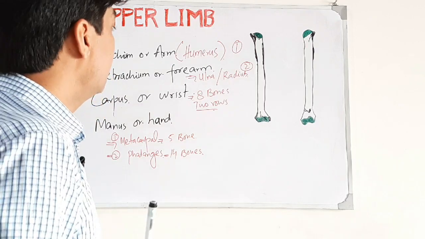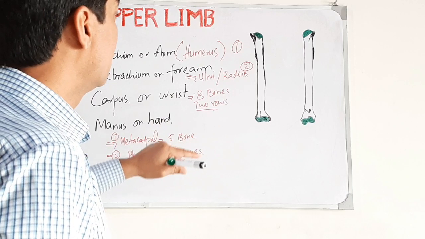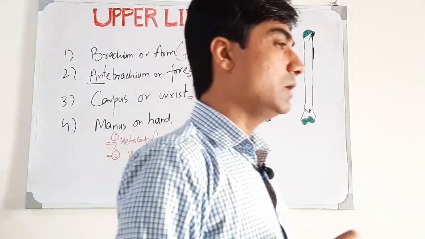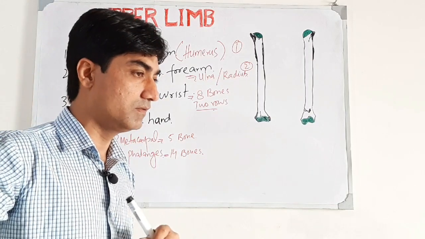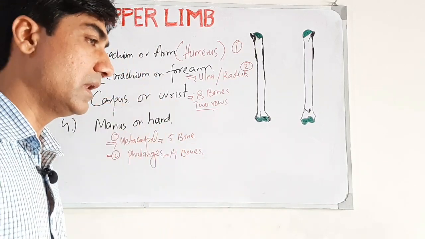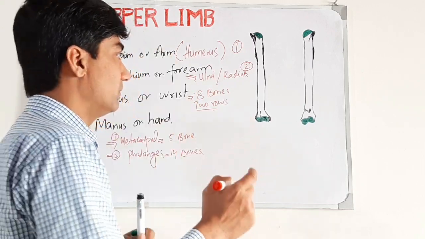So we can say that there are 30 bones in each limb, because in the appendicular skeleton there are 2 limbs, one right and one left. So 30 bones in each limb.